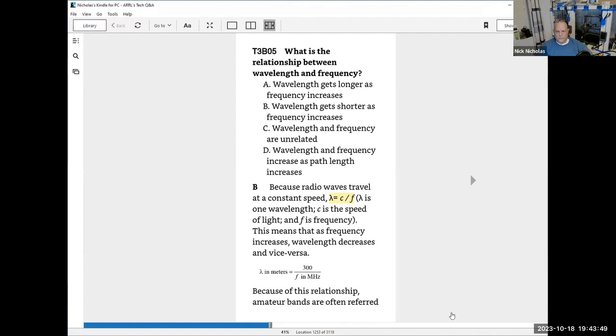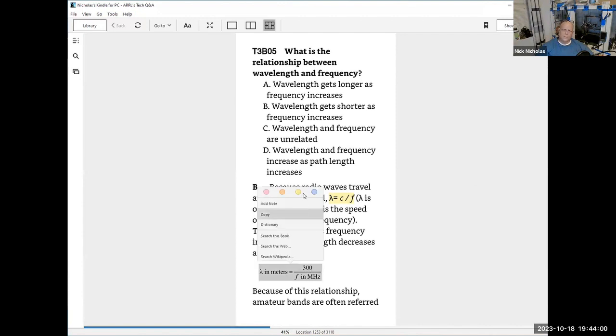So if you want to determine a wavelength in meters at a given frequency, that formula right there is the answer: 300 divided by the frequency, and it will tell you how many meters.